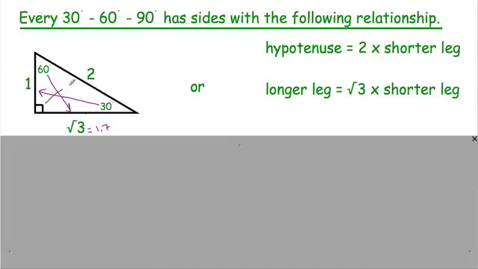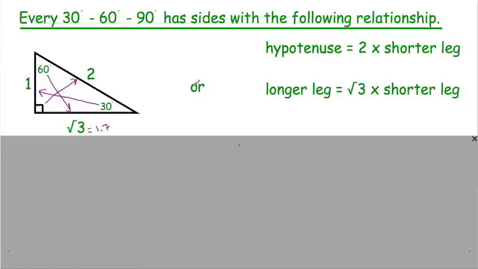And across from the biggest angle is the biggest side, 2. So it's easy to remember 1, 2, 3, but the 3 has a radical on it. All right, and then all you have to remember is that they go in order. Smallest angle, smallest side, medium angle, medium side, largest angle, largest side.